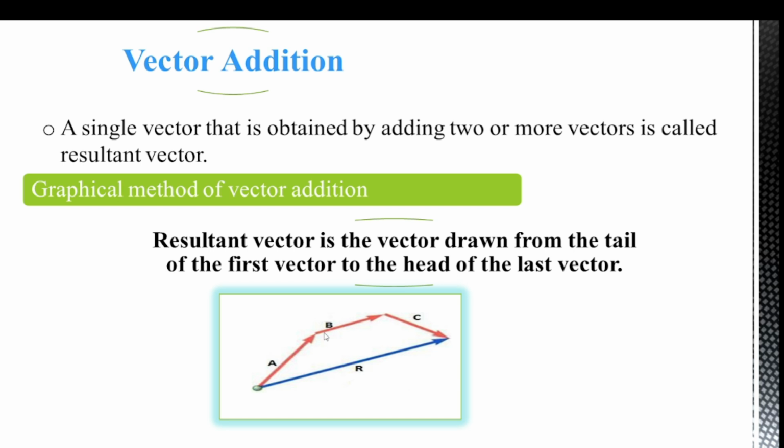Look at the figure here. How many vectors do you see here? Three vectors: vector A, vector B, vector C. Great.